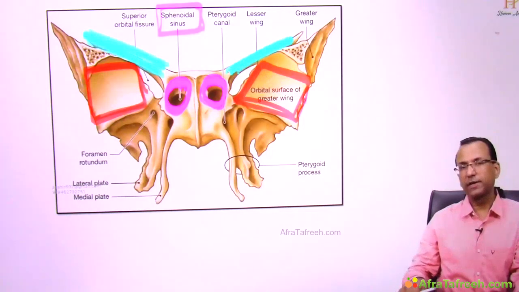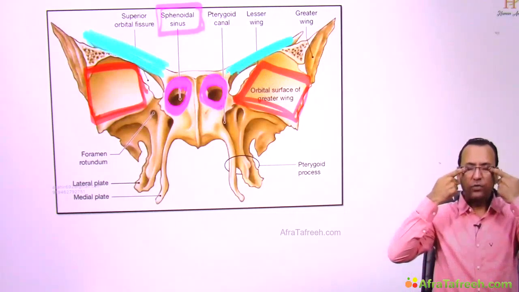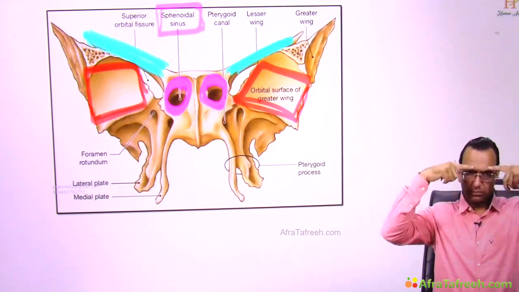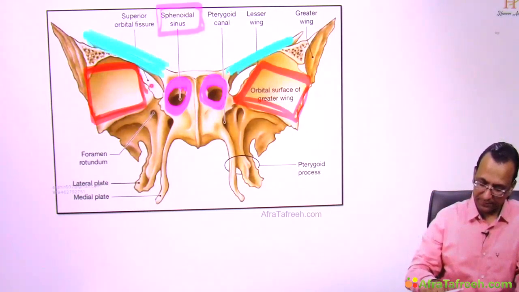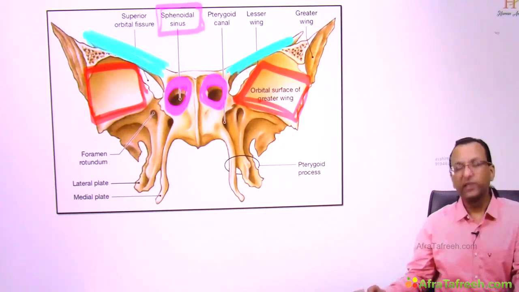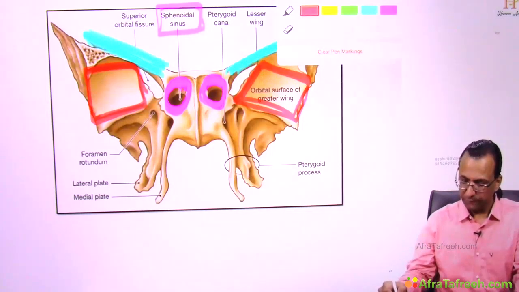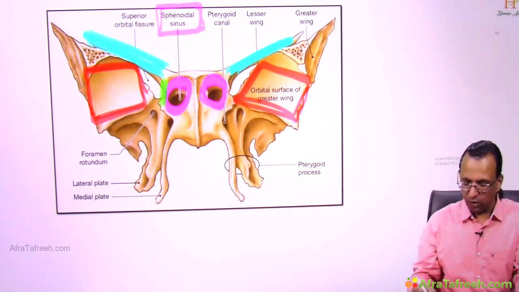Okay, then you remember body of the sphenoid. Body of the sphenoid is medial wall of the orbit.